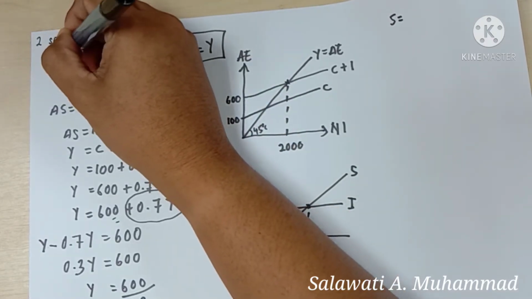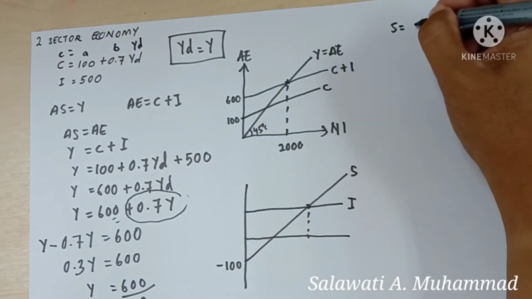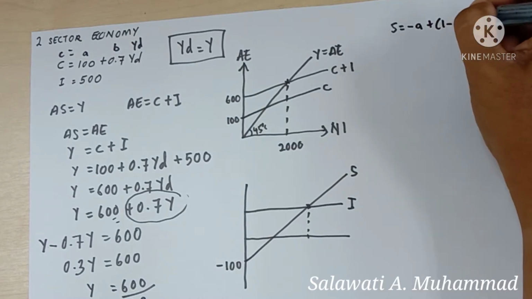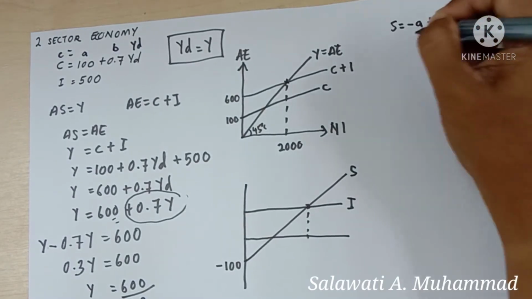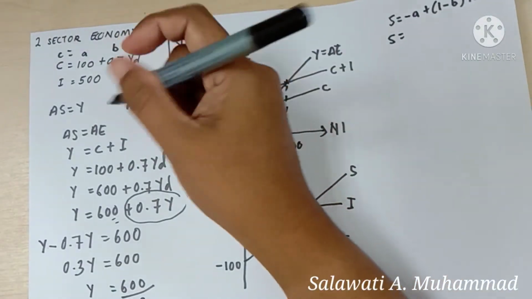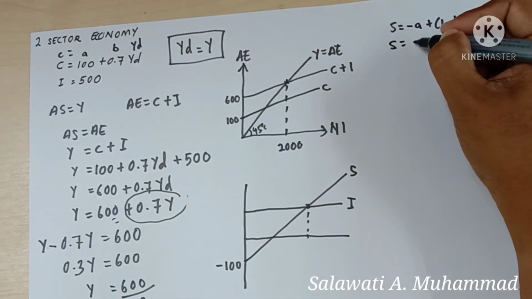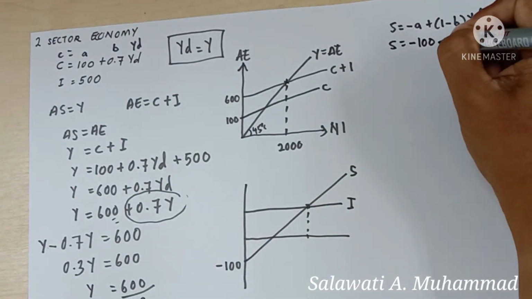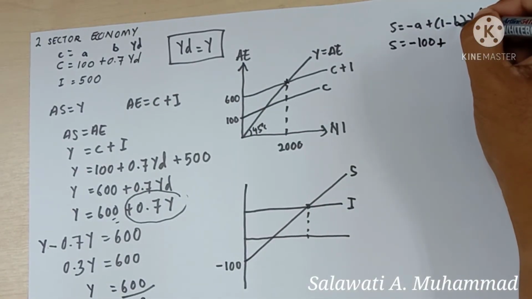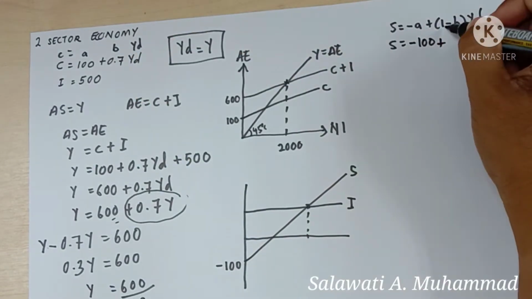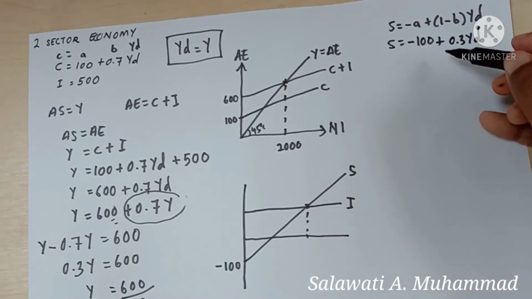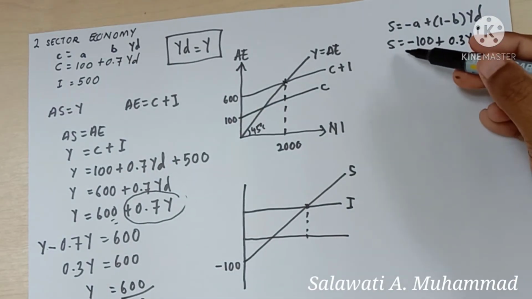This is the equation for C. So the equation for S is negative A plus 1 subtract B YD. If A is 100, meaning negative A is negative 100. That's why we put negative 100 here. Plus B is 0.7, when 1 minus B, meaning 0.3 YD. So this is the function for saving.